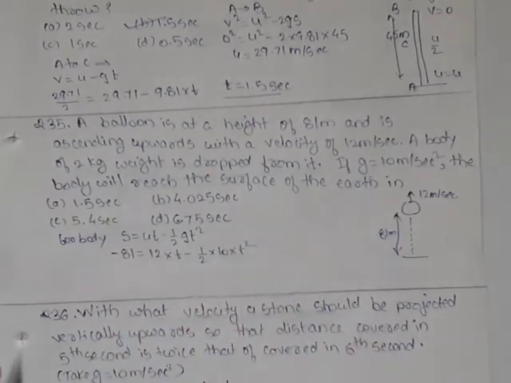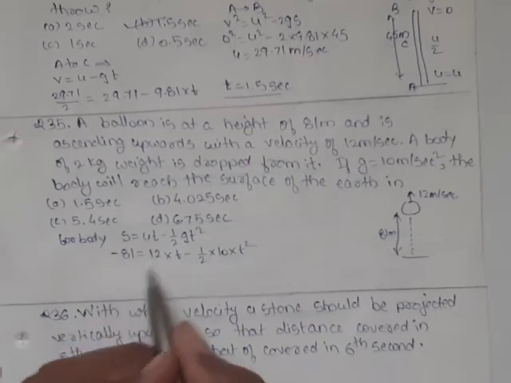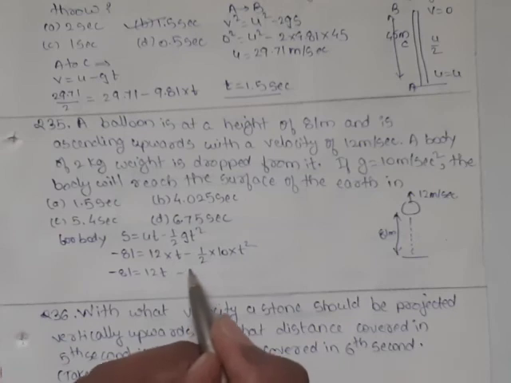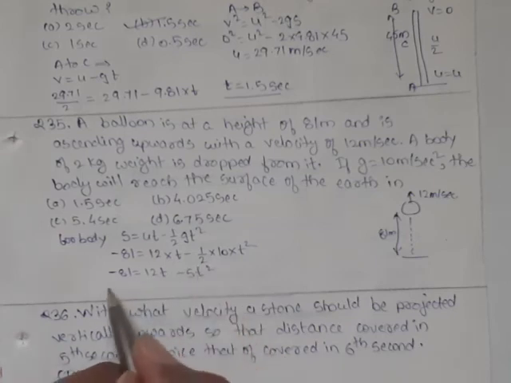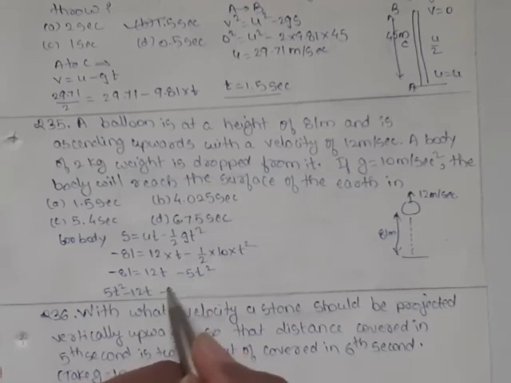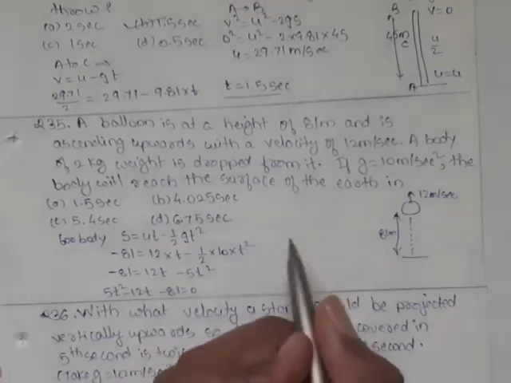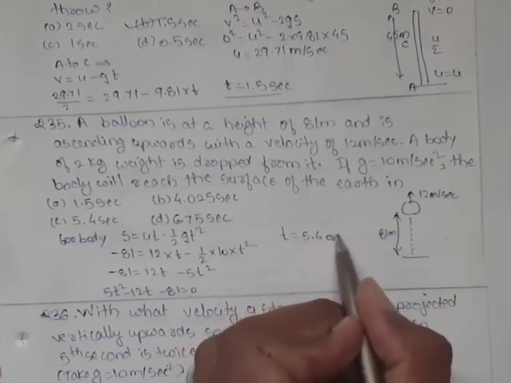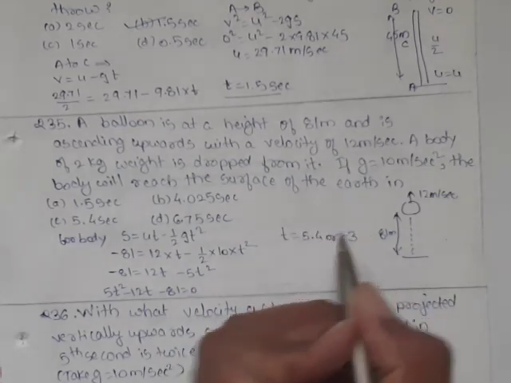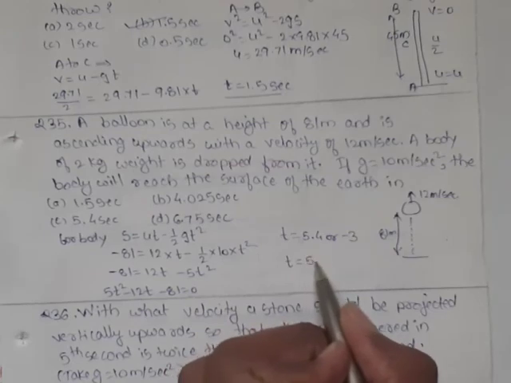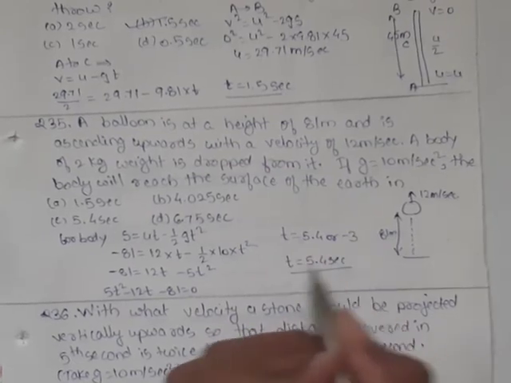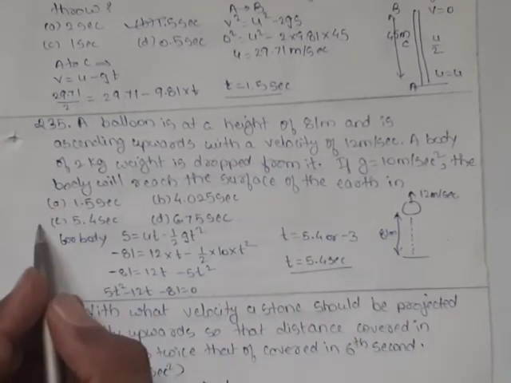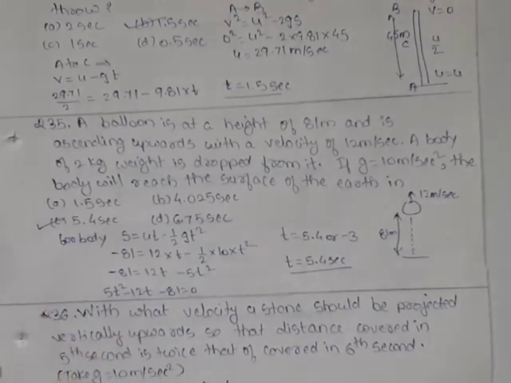So the equation becomes minus 81 equal to 12t minus 5t square. Rearranging, 5t square minus 12t minus 81 equal to 0. We get two values of t, equal to 5.4 or minus 3. Out of that, t is equal to 5.4 seconds. This is our answer. So for question 35, option C is correct.